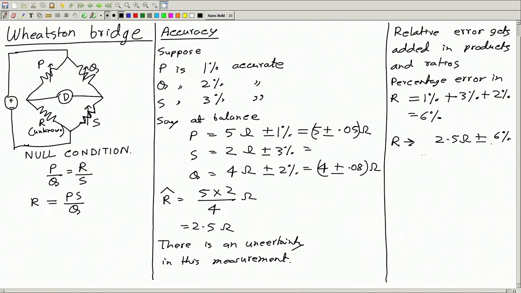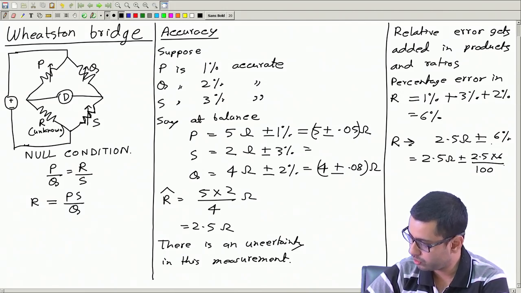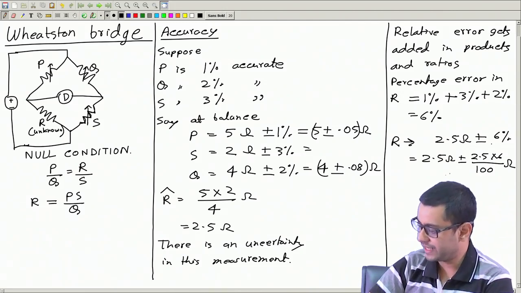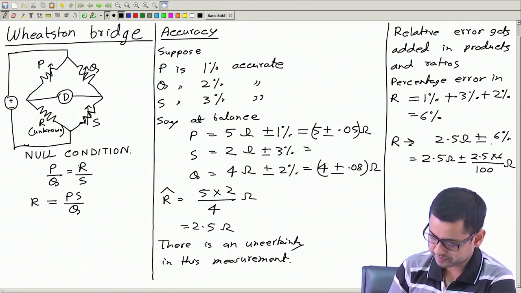So, this is 2.5 ohm plus or minus 2.5 into 6 by 100 ohm, and you can calculate what this value is. So, it is not exactly 2.5, but it is somewhere near 2.5. It is within 6% deviation from this estimated value. So, this is about the accuracy of this measurement.